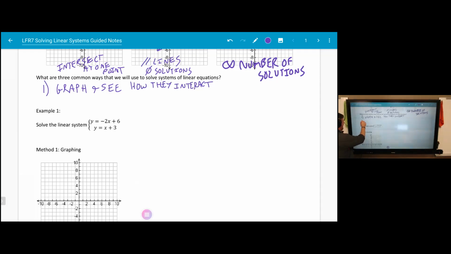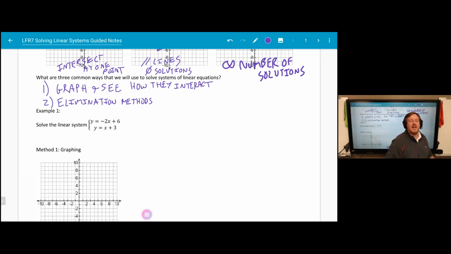Okay, what would the second way be? Well, we have these things called elimination methods. What are elimination methods? Good question. I'm glad you asked that. We're going to eliminate something, and that thing we're going to eliminate is a variable.